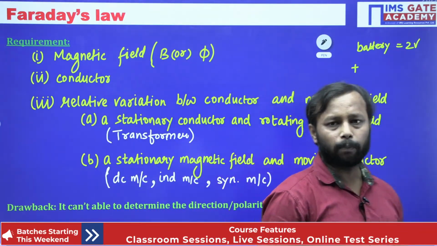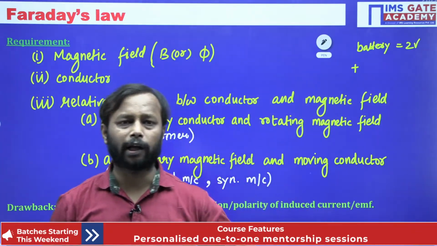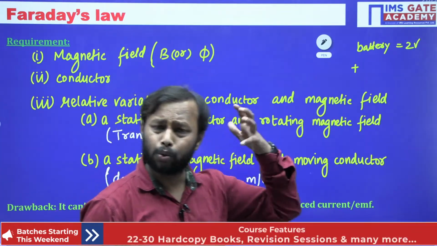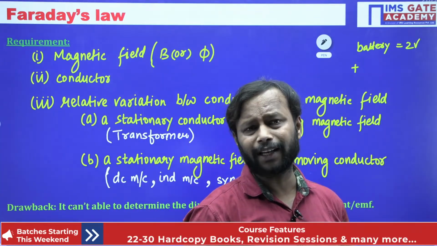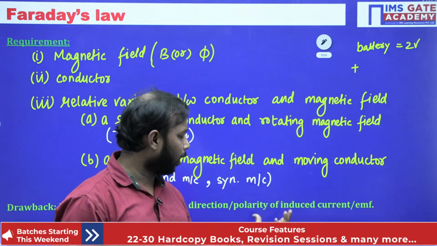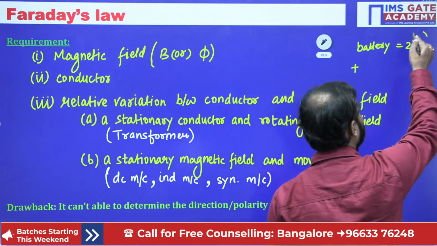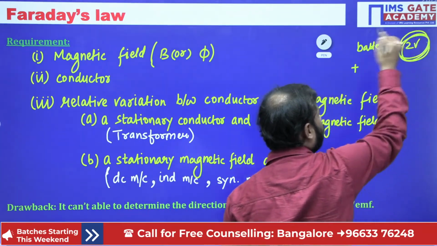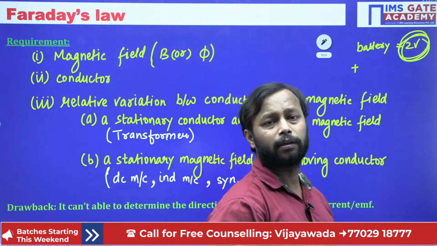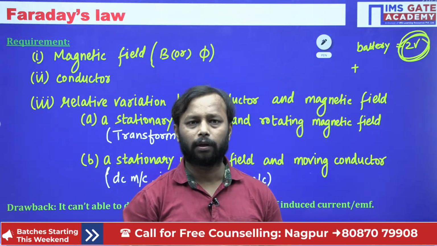In the same way, Faraday's laws will tell you about the magnitude, which is 2 volt here, but it cannot tell you the direction of the induced current or the polarity of the induced EMF.